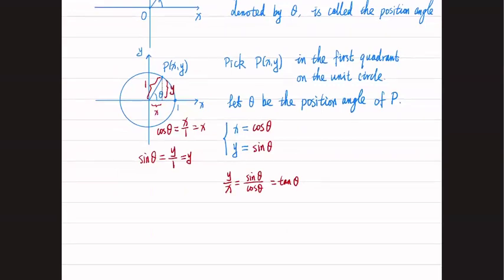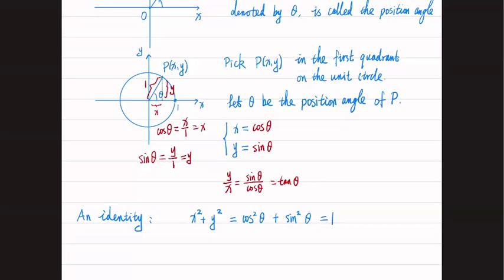So we get an equivalent equation, from the identity: cosine squared plus sine squared equals 1.